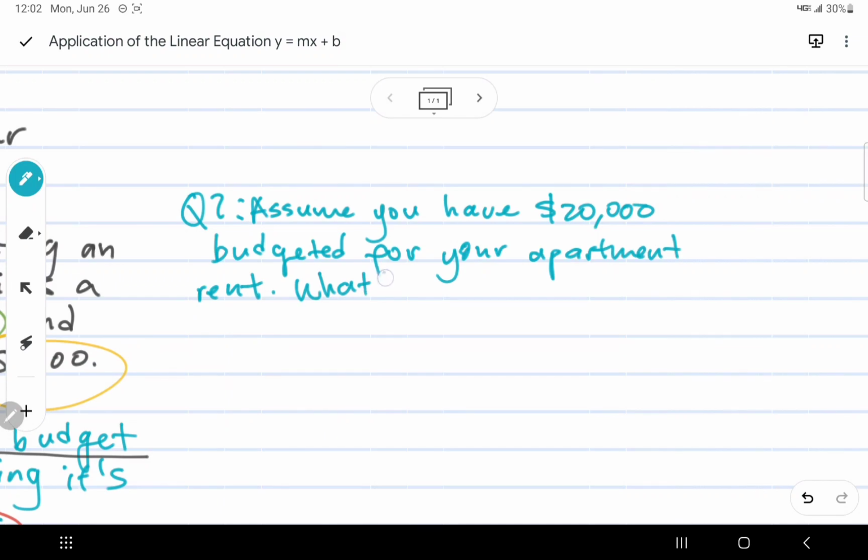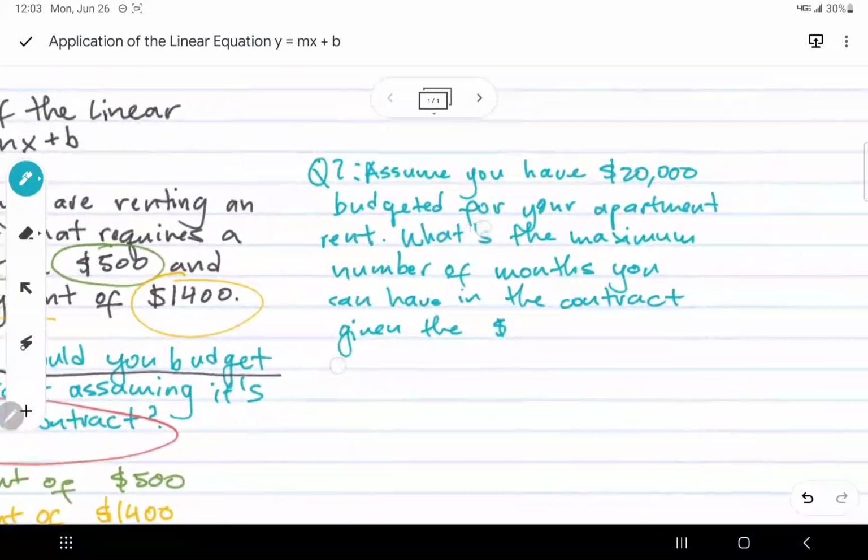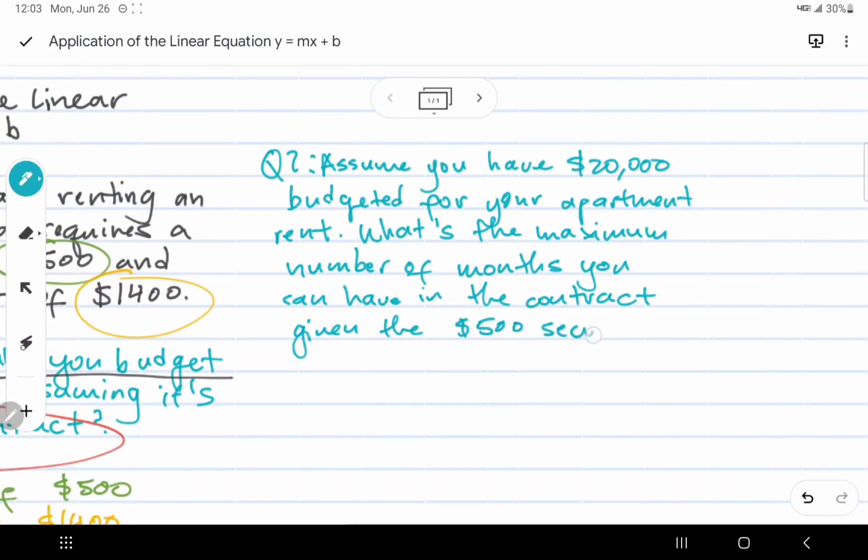What's the maximum number of months you can have in the contract given the $500 security deposit, and $1,400 monthly payment?